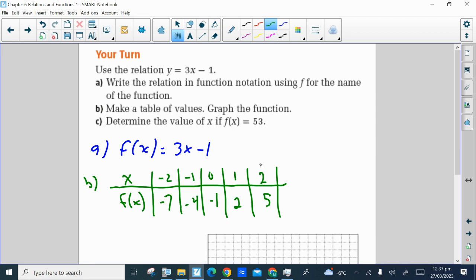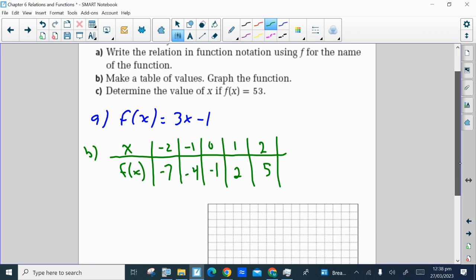So I chose values of x that increase by 1. The values of y are increasing by 3. That pattern is there. Looking at this table of values, that's how you would know that it's linear. But we also knew that from the equation. There were no powers, which makes it linear as well. So we've got our table of values.